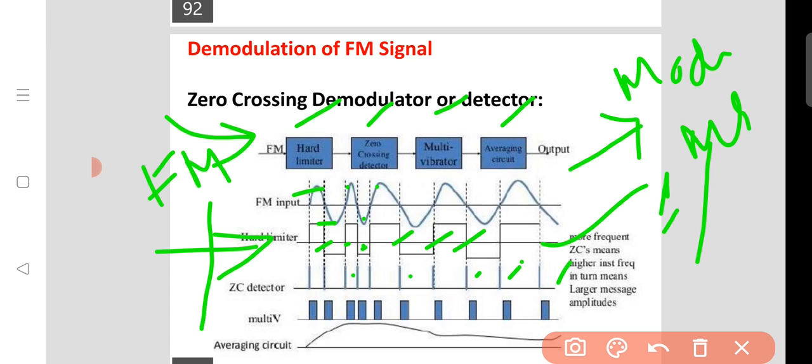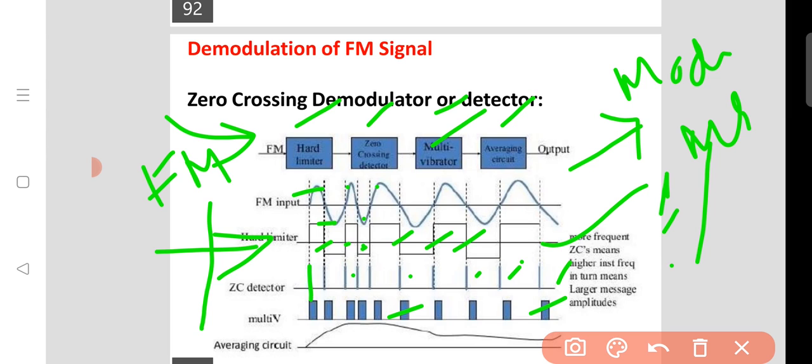Okay, this zero cross detector output is further fed to the multivibrator. This multivibrator produces constant pulses with constant amplitudes. Every spike that appears on the input side of the multivibrator gives a pulse like this. Whenever a spike is present, it produces a pulse with constant width and amplitude.